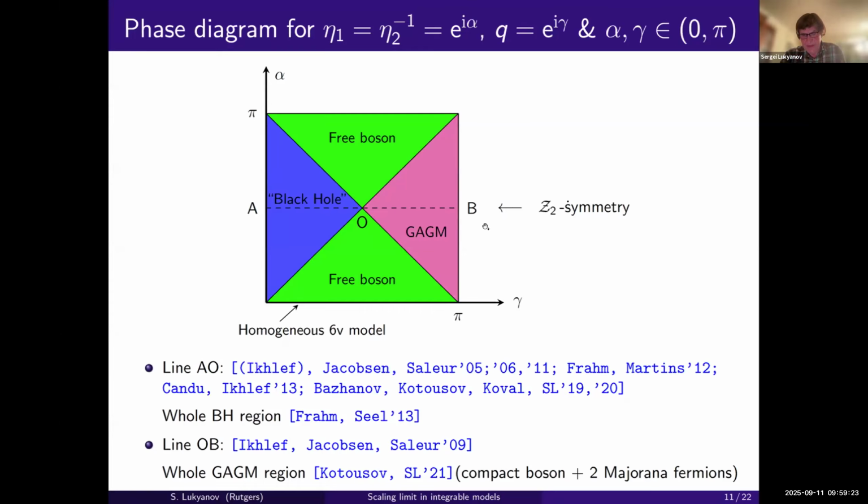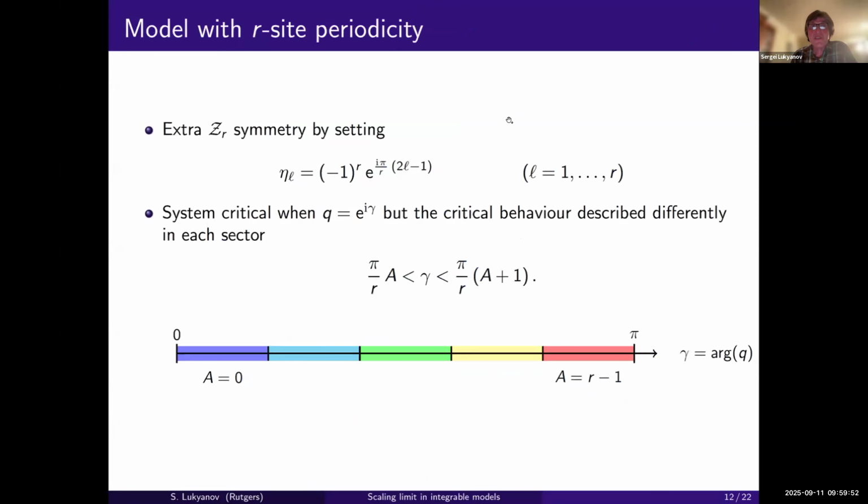The important lesson we can learn from this picture is that, to have an idea about the conformal critical behavior, it is enough to focus on a line with additional global symmetry, in this case Z2 symmetry. In the case of the R-site periodic model, the number of parameters is very large, but nevertheless it makes sense to start with the situation when the model possesses additional global Z_R symmetry, not Z2, because in that case R equal to two is the two-site periodic model.